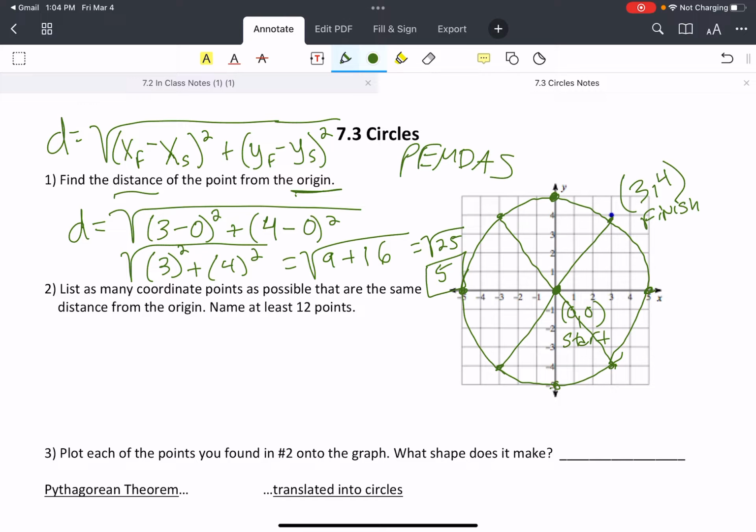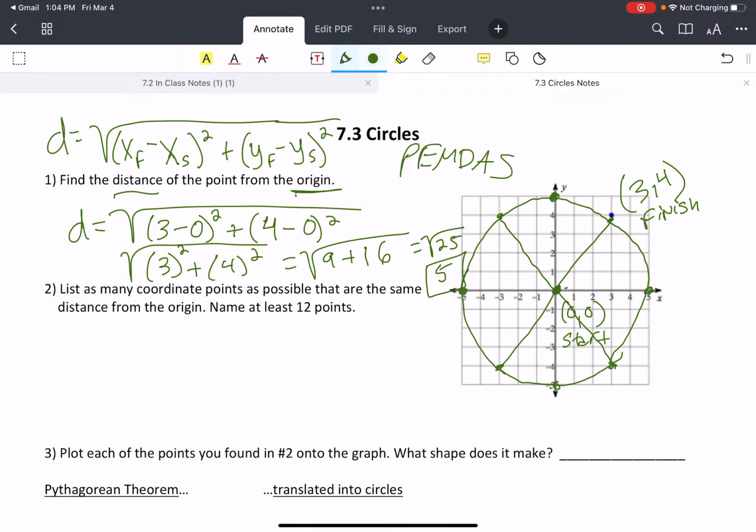That's a good way to think about it. Anyone think of another way to describe what the radius of a circle is? Radius. Okay, distance from the arc or the outside of the circle to what? Or the center. You guys with me?